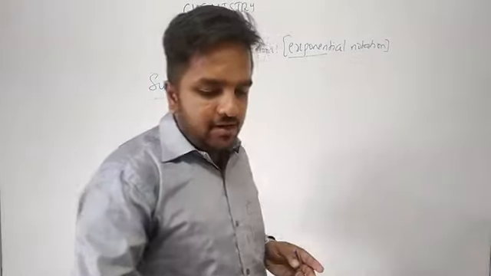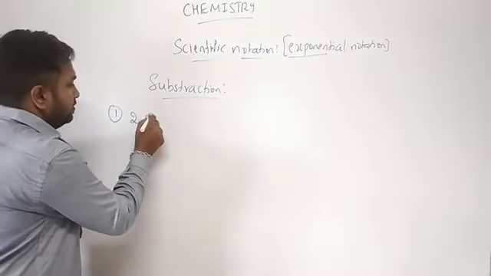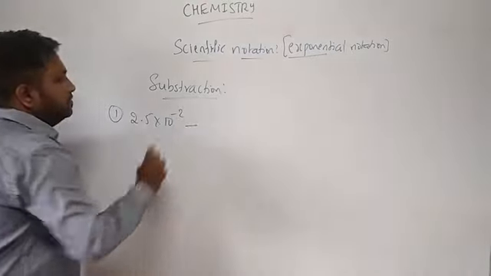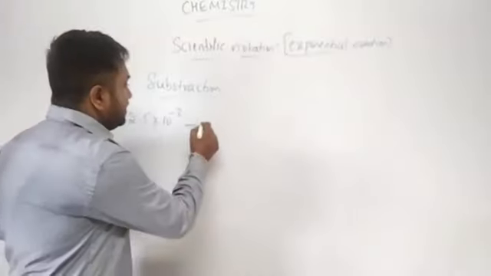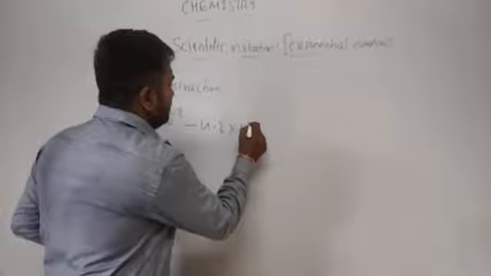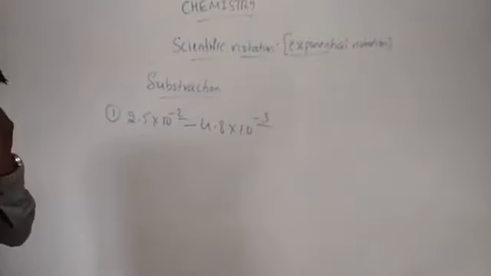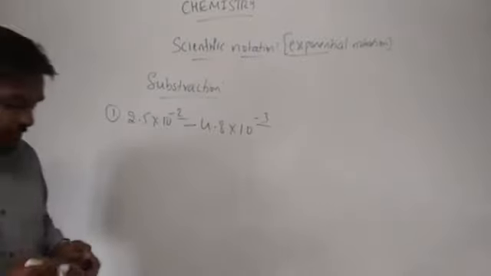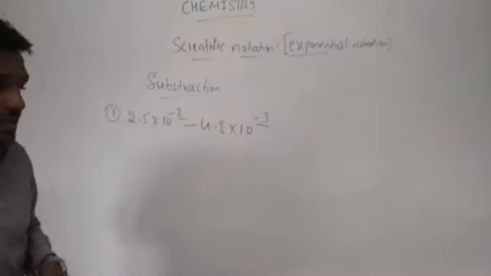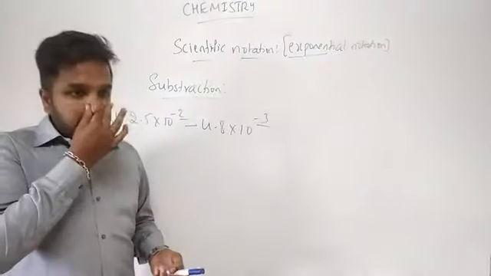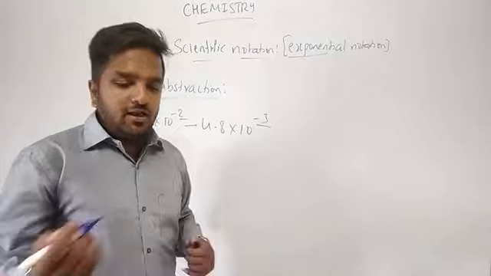Let's take an example: 2.5 into 10 to the power of minus 2 minus 4.8 into 10 to the power of minus 3. Now these two are not the same, so what do we have to do? We need to convert this 10 to the power of minus 2 to minus 3, or this 10 to the power of minus 3 to minus 2, whichever is easy for you.